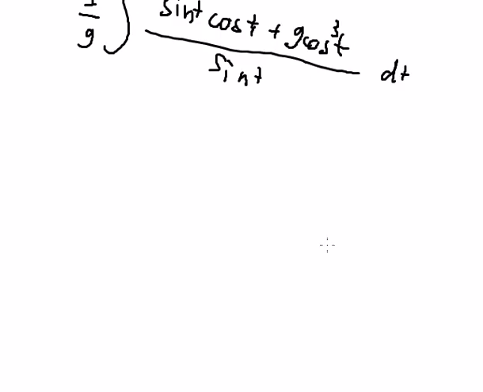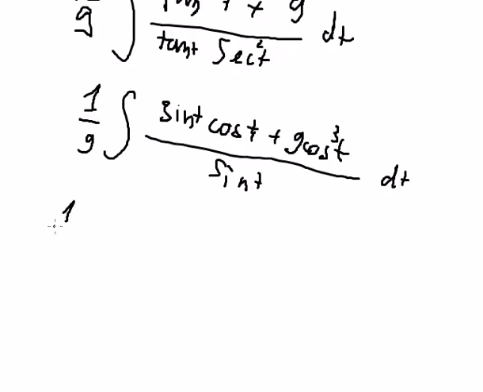This one we can put about, we have sine t, we do about factorization. So we have cosine t square.